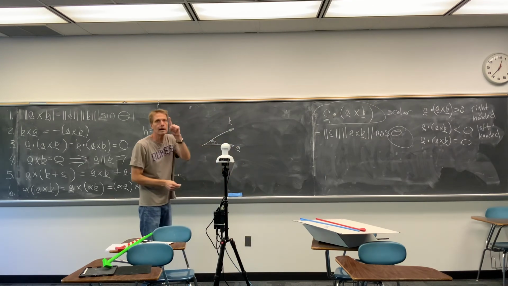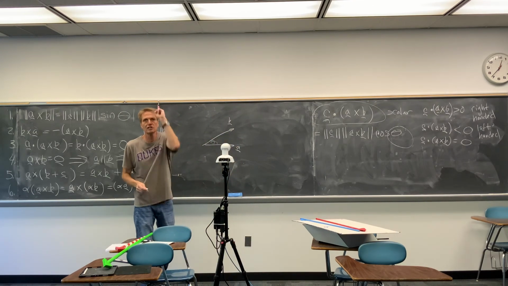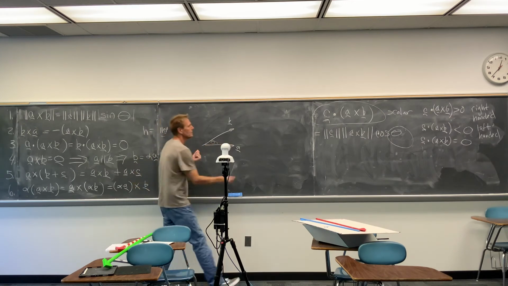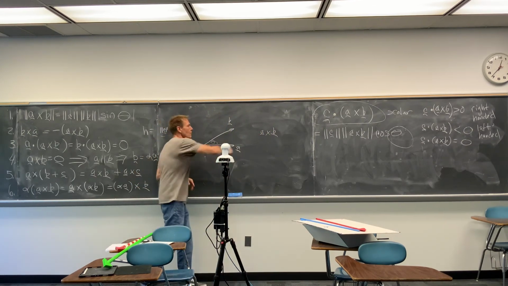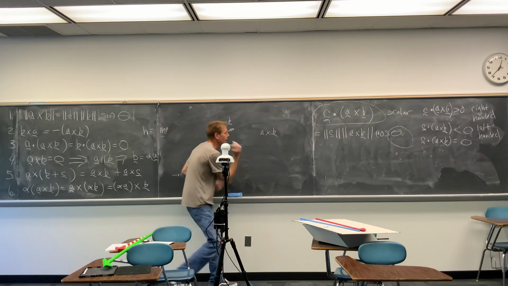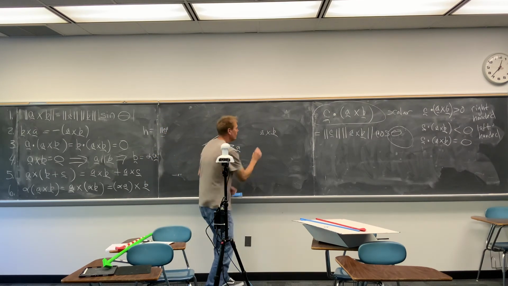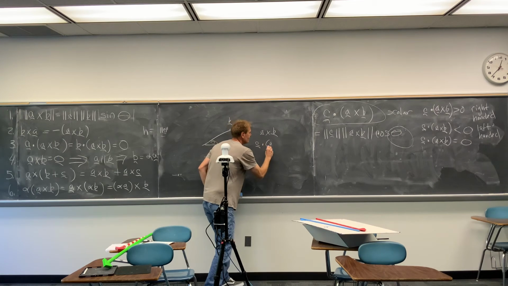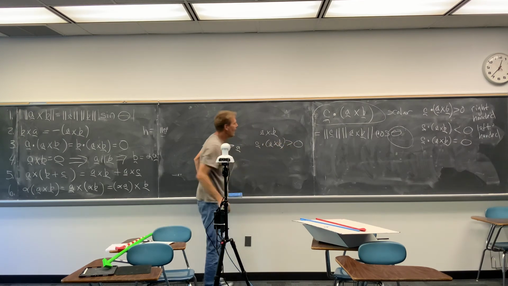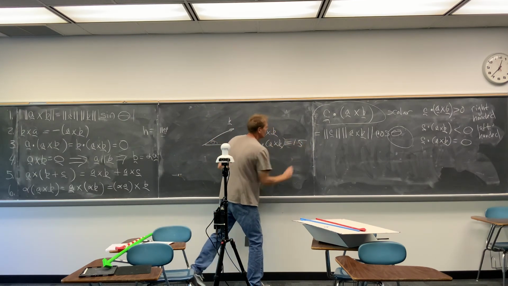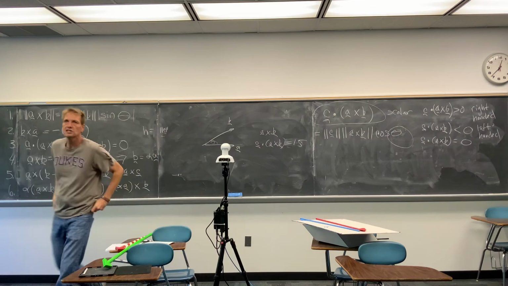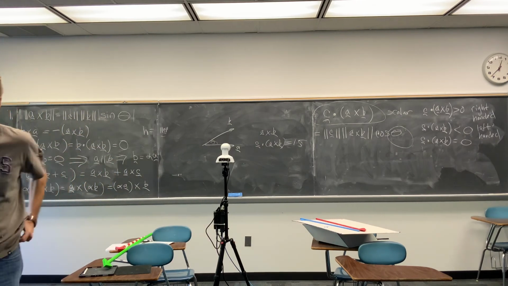Now, imagine that I apply a third force C. So I've got A cross B, and I don't draw the third force. But you calculate C dot A cross B, and you get the number 15.